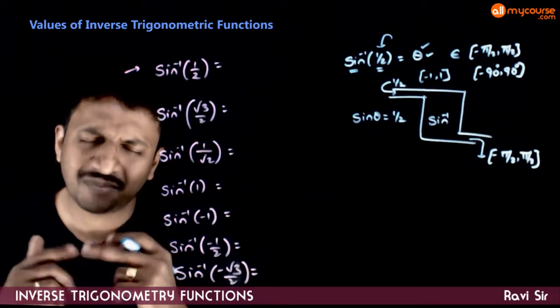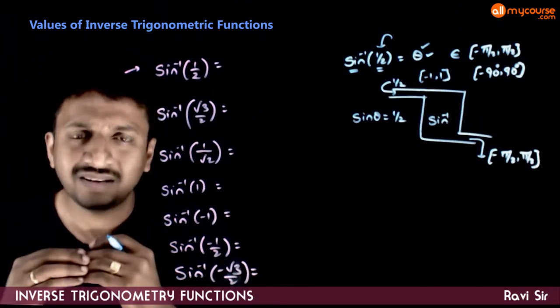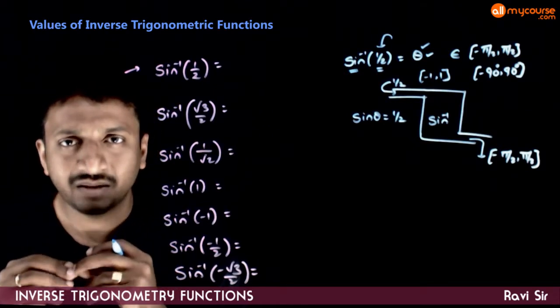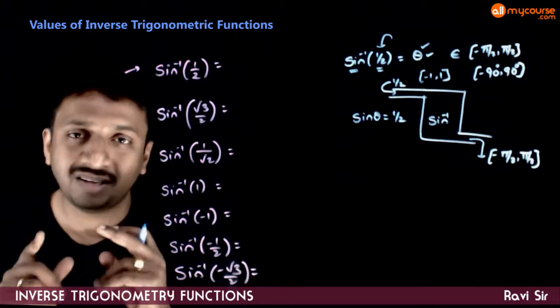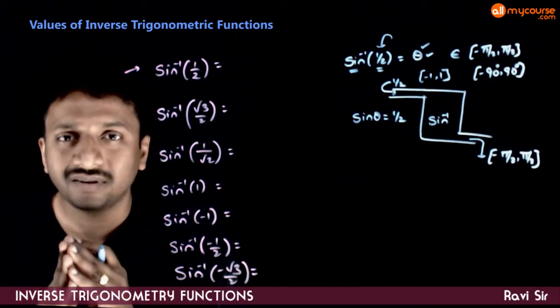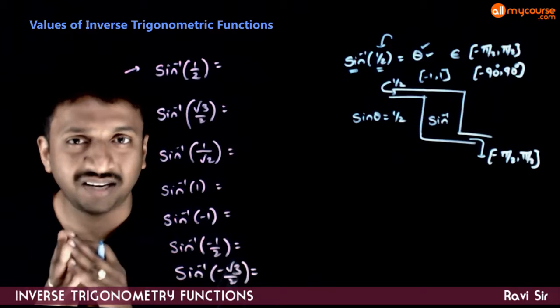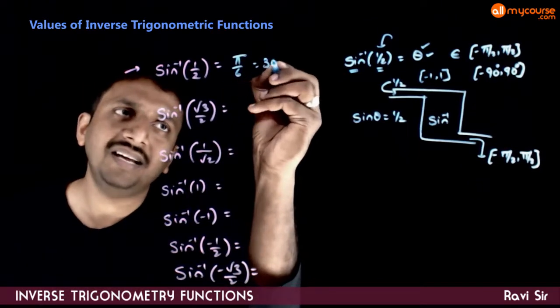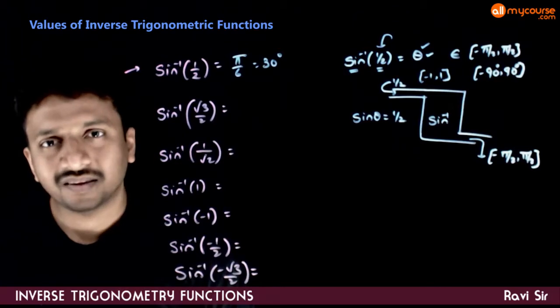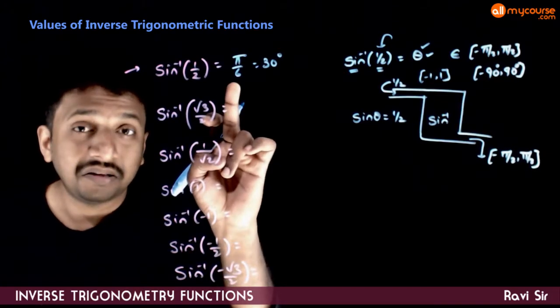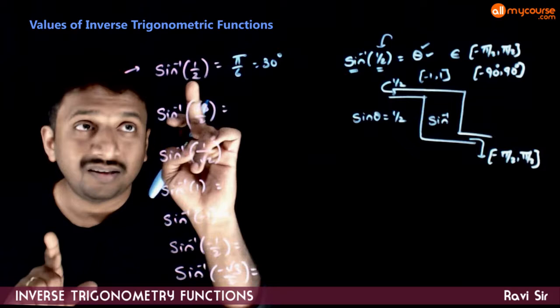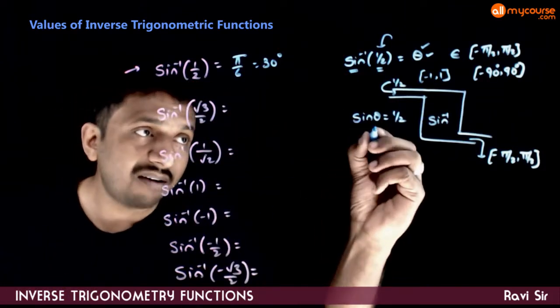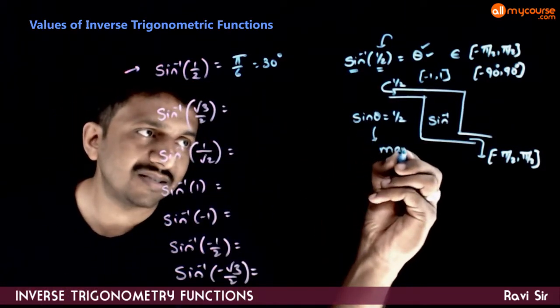Now just think about the values of sine theta. For what value of theta is sine equal to half? Pi by 6, right? Pi by 6 or 30 degrees. And remember, sine theta will be half for many angles.